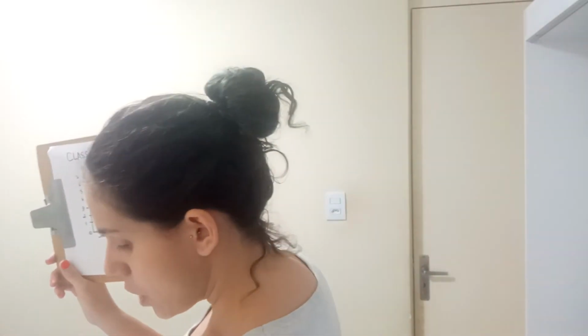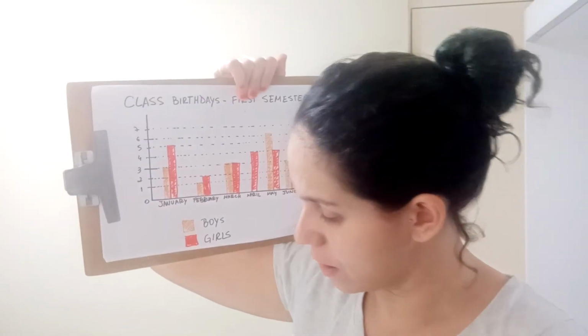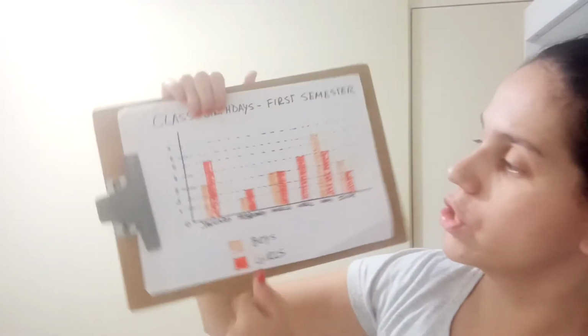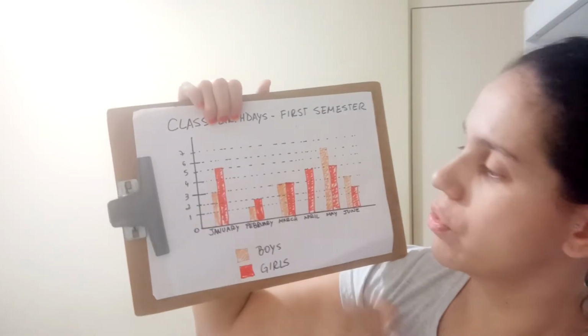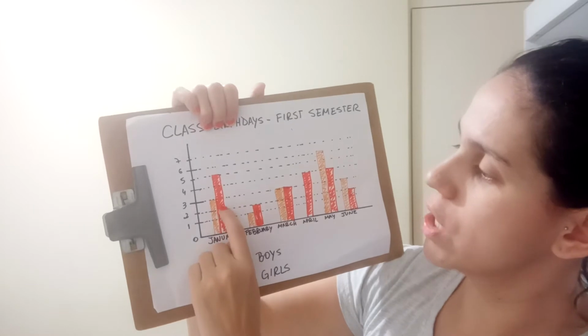Okay. Question 4. How many students have birthdays in January? So in January, 1, 2, 3 boys, 1, 2, 3, 4, 5 girls. 5 girls, 3 boys, 8 students in January.